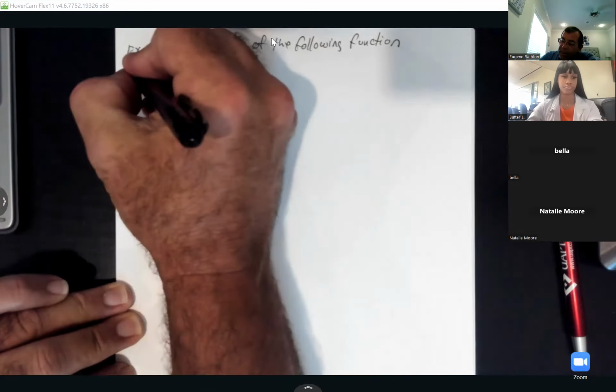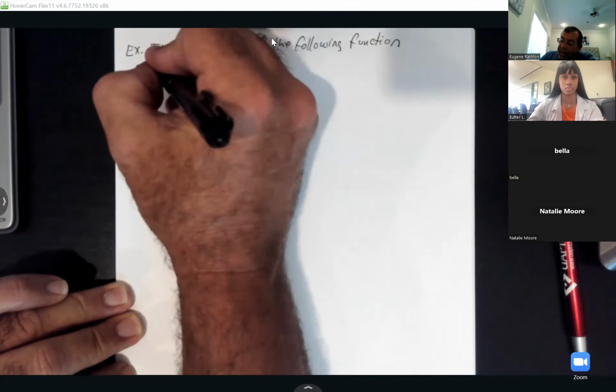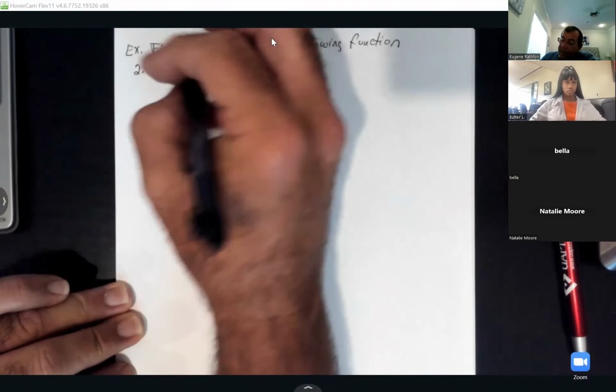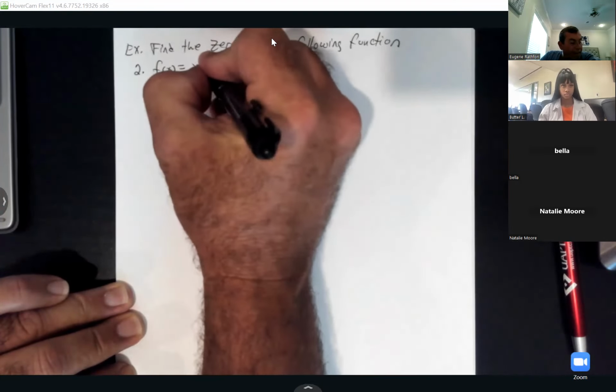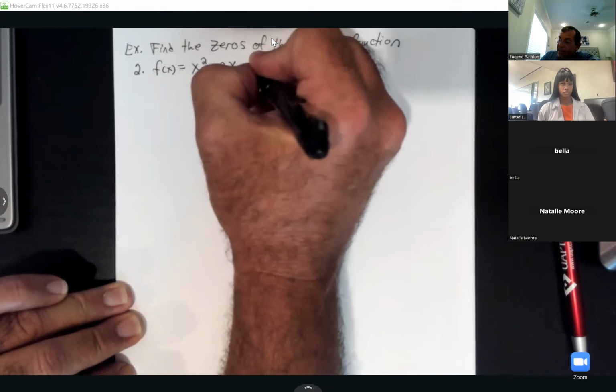So this first problem is like y'all's number 2. Find the zeros. They got f of x equals x squared minus 2x minus 4.